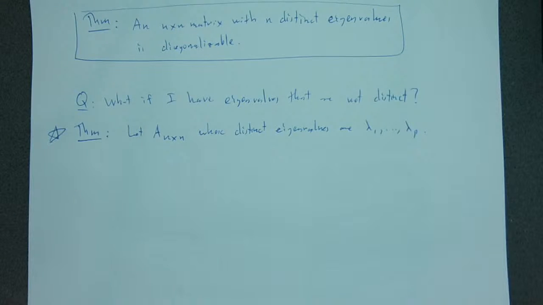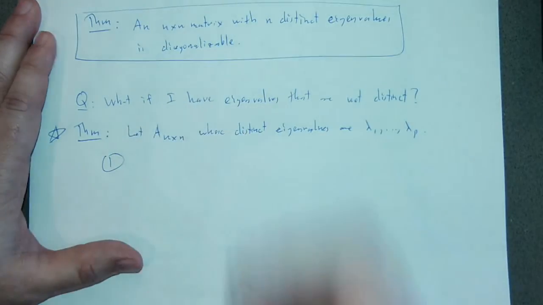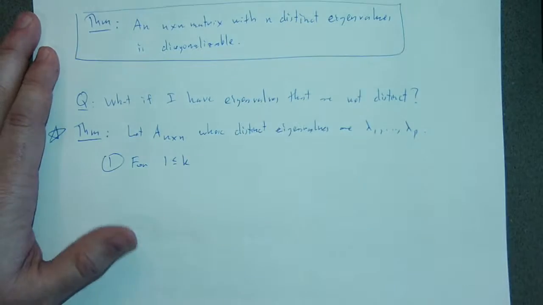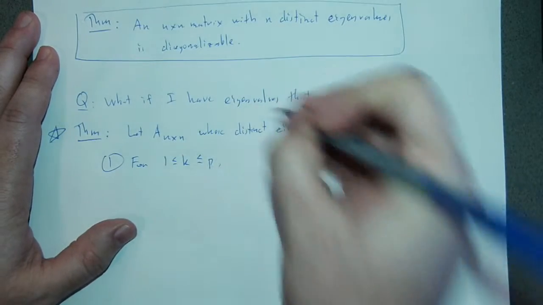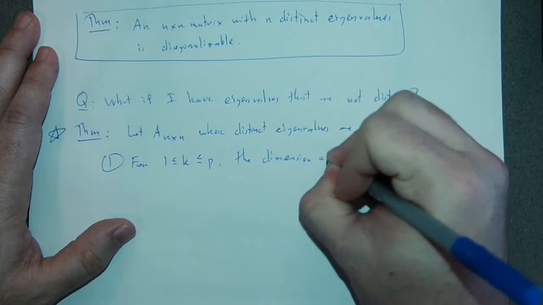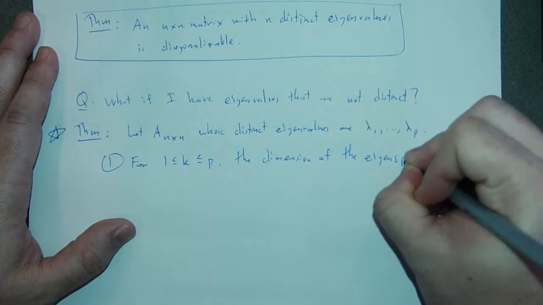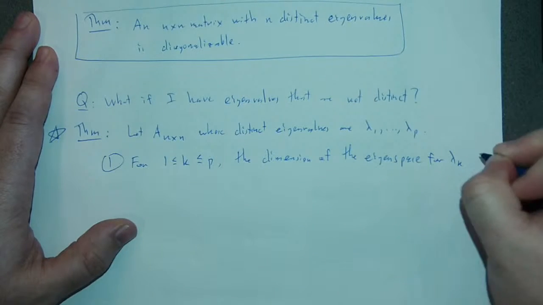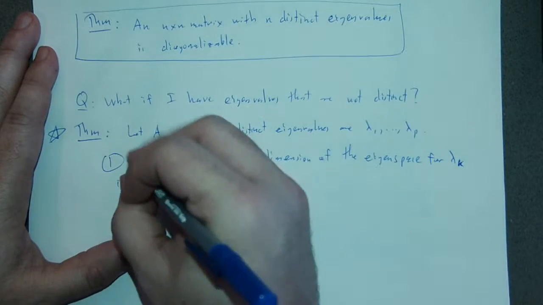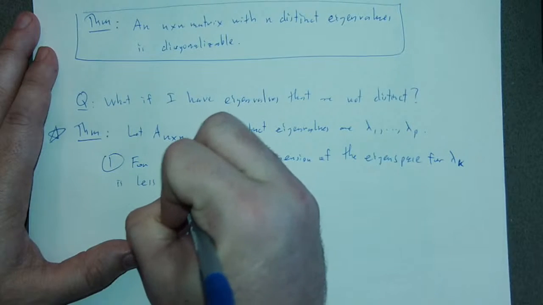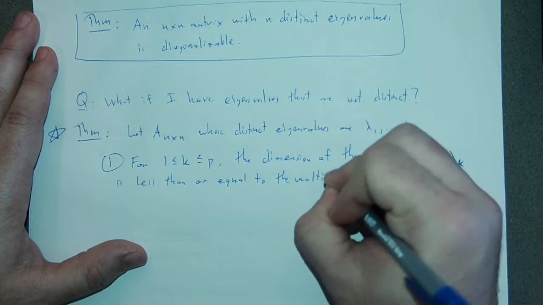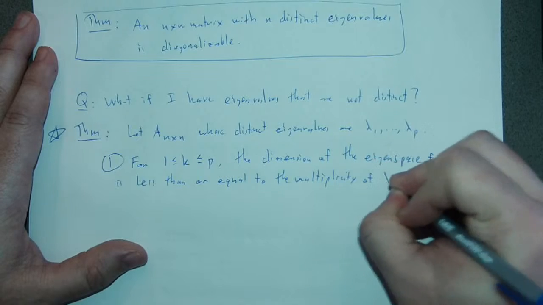So there are 3 parts to this. The first is, for k between 1 and p, the dimension of the eigenspace associated to lambda sub k is less than or equal to the multiplicity of lambda sub k.